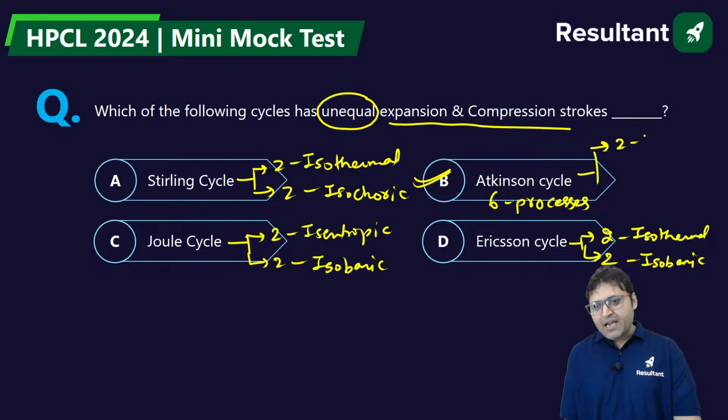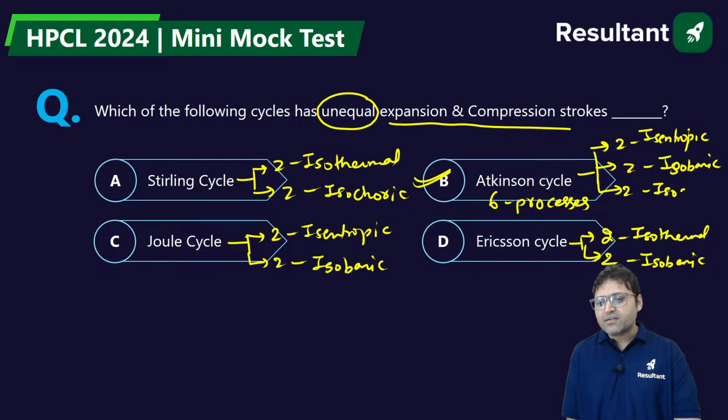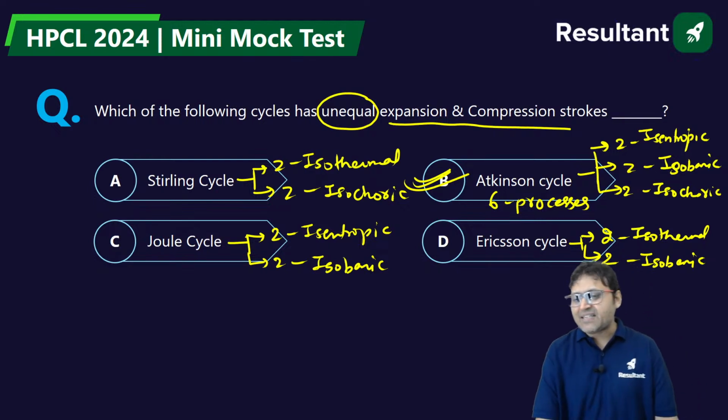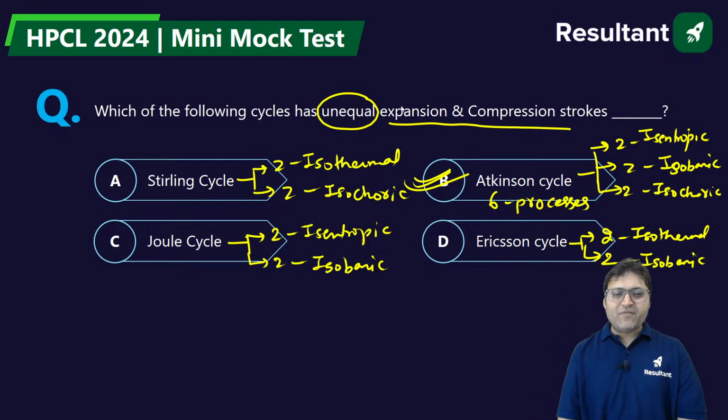How? There are two isentropic, two isobaric, and two isochoric. So B will be the correct answer. You should remember that Atkinson cycle is the one which is having unequal compression and expansion stroke.